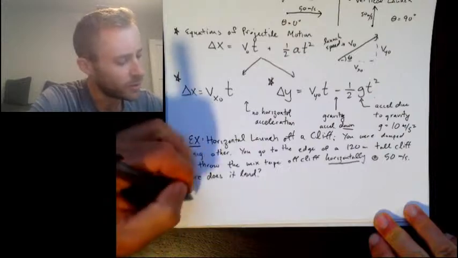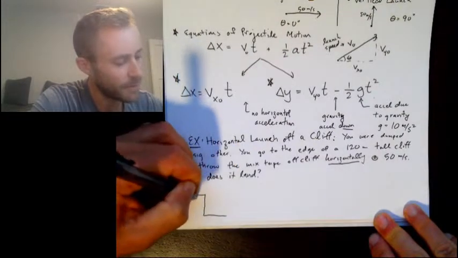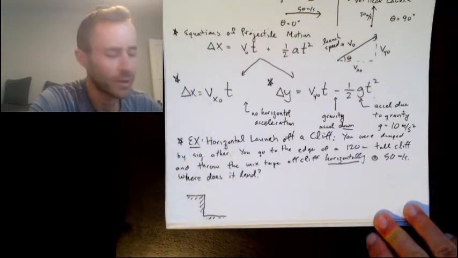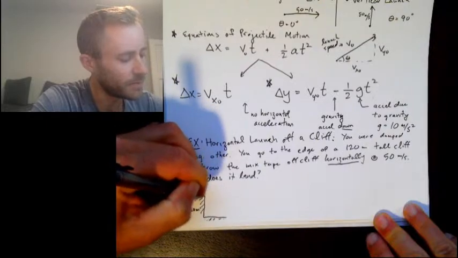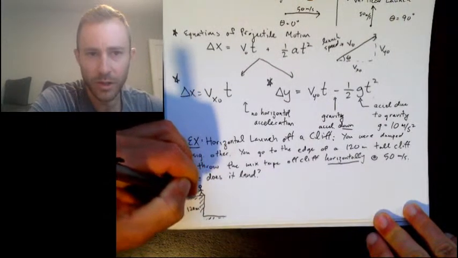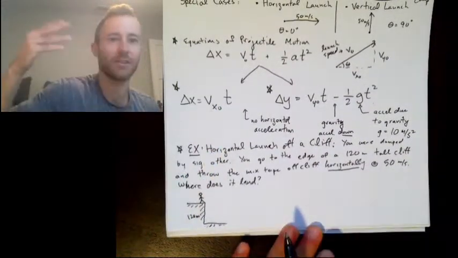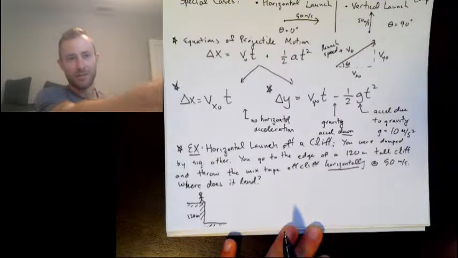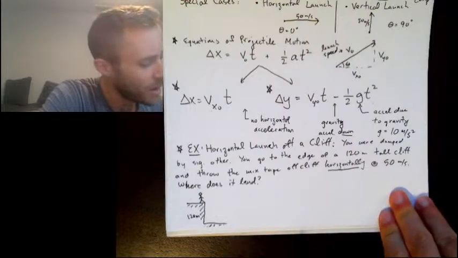All right, so let me just draw the scenario. Here's the cliff. The cliff is 120 meters high. Here's you. And we're going to assume that your height is negligible compared to the 120 meters. Otherwise, we would technically have to add to that the height of your hand when you released it, right?